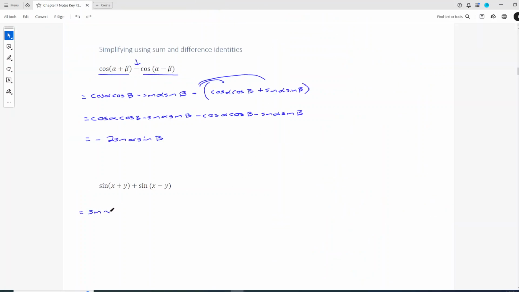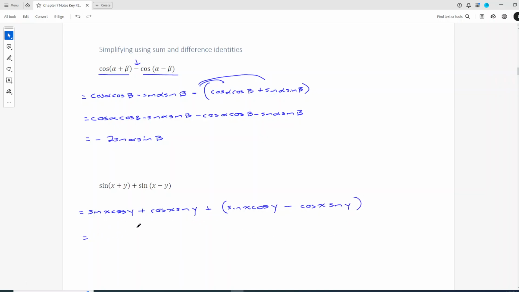So sine first angle, cos second angle, match the sign, cos first angle, sine second angle. I'm going to add to this sine first angle, cos second angle, difference identity, put a difference, cos first angle, sine second angle.